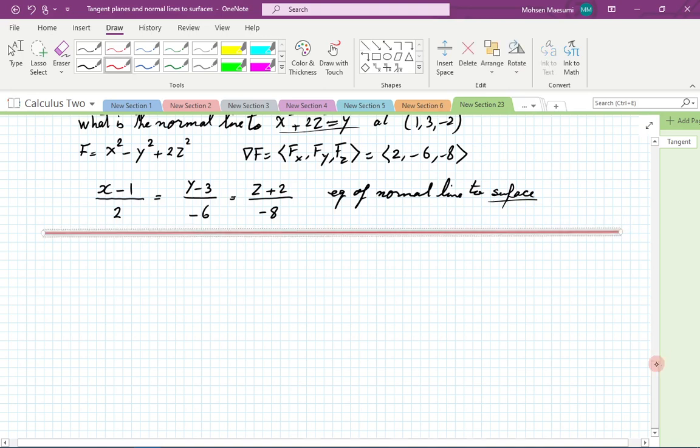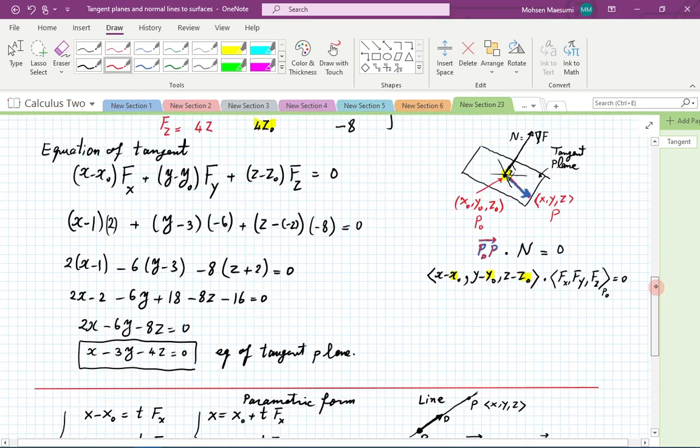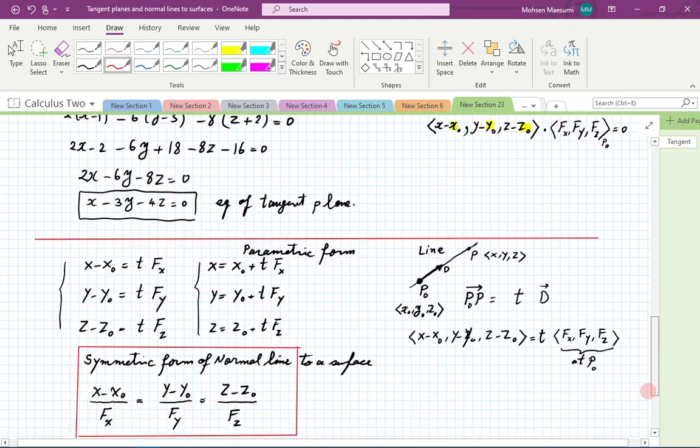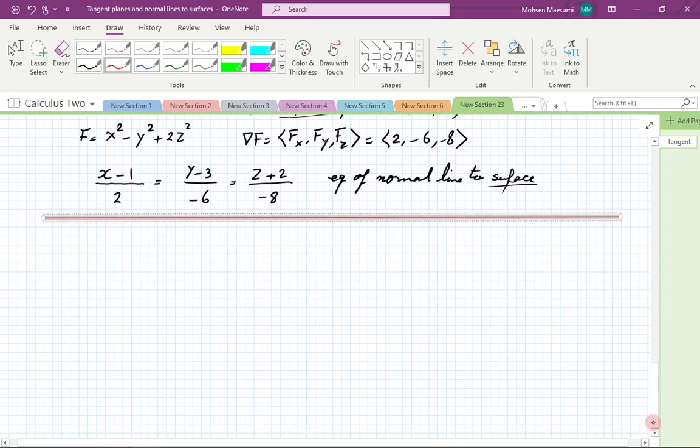So last time we mentioned if a surface is given to us, here's a surface, we bring everything to one side, take the partials, and that makes a vector for us. That vector is perpendicular to the surface. Now what we want to do with that vector is going to be different in all these 6 problems, and for today we are going to have another application of gradient.